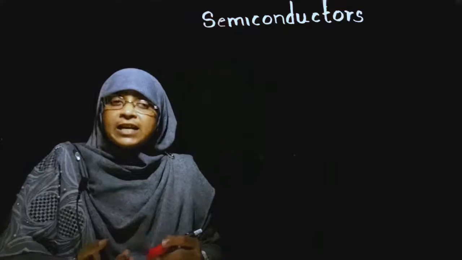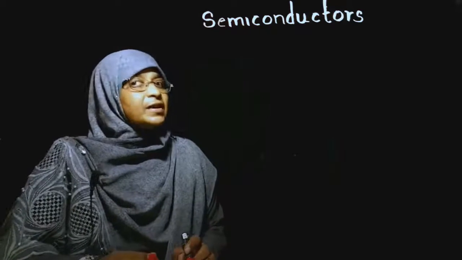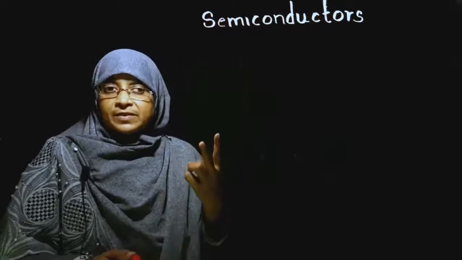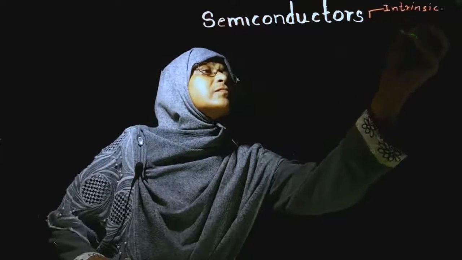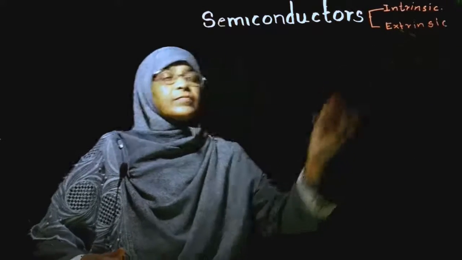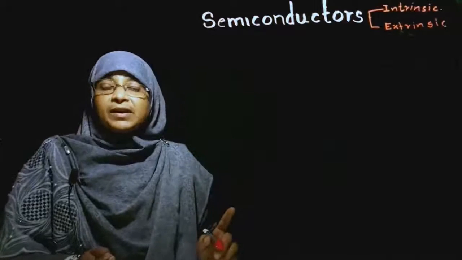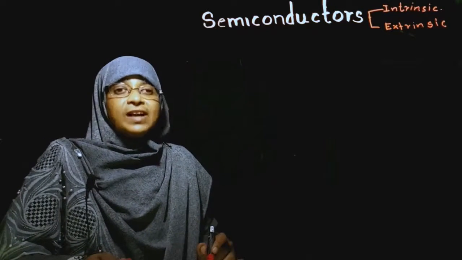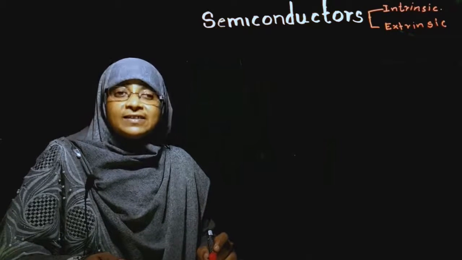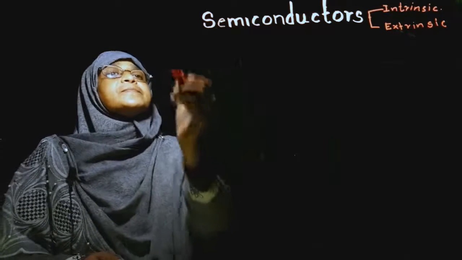Now, let's see semiconductors. Semiconductors are of two types. The first one, intrinsic semiconductors, and the second, extrinsic semiconductors. Now let's study the intrinsic semiconductors.